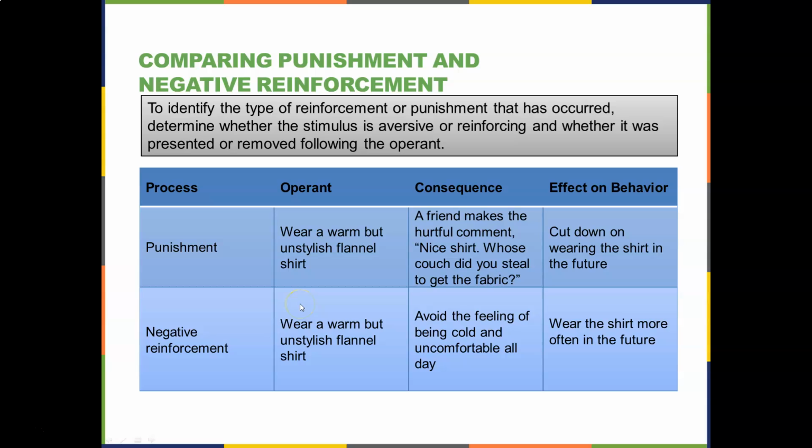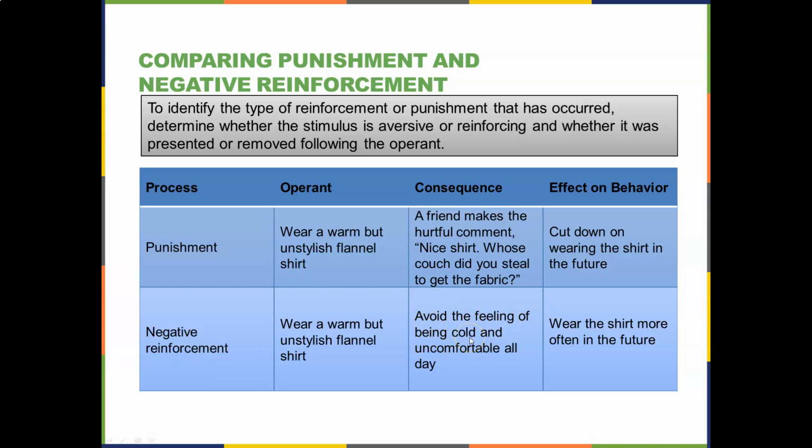On the other hand, let's look at negative reinforcement. The individual wears the warm but unstylish flannel shirt. The consequence is the person was able to avoid being cold and uncomfortable all day. And so the effect on the behavior is the person will wear the shirt more often in the future. That's what's known as negative reinforcement because it's avoiding the feeling of being cold.